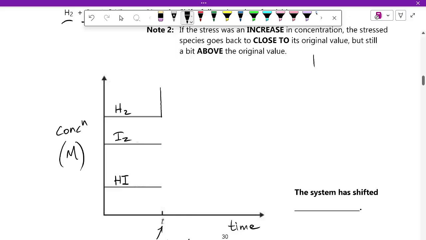Now, let me write our equation again so you can see it. What will happen to the concentration of H2? Is it going to increase, decrease, or stay the same? Now remember, what happened to our rate? Our forward rate increased and our reverse rate stayed the same. So what's going to happen to our concentration of H2?